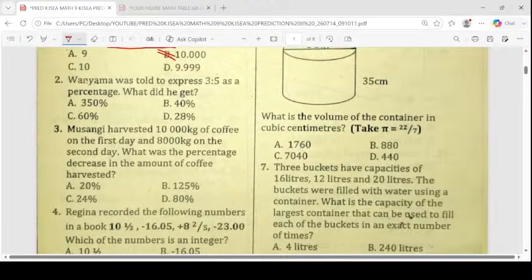The first thing you need to know is how to convert a ratio to a fraction. 3:5 can be written as 3/5. Then you multiply this 3/5 by 100 to convert it to a percentage. So 3/5 times 100 gives you 60%, which is choice B for boy.